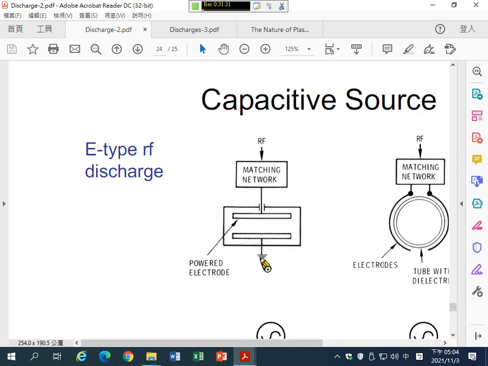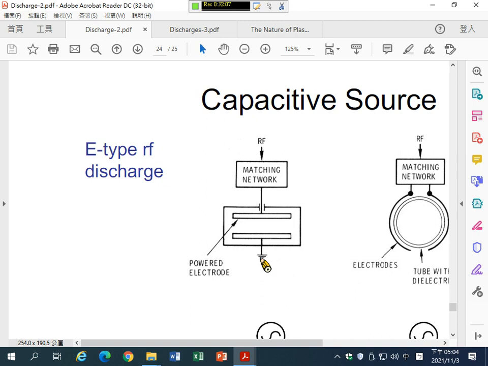So in this type of system, the E field, electrical field, is designed to generate a plasma by accelerating electrons, so that when electrons have high enough energy, they can cause electron impact ionization in the gas phase. Okay, so this is pure E type, right? E is the electrical field.